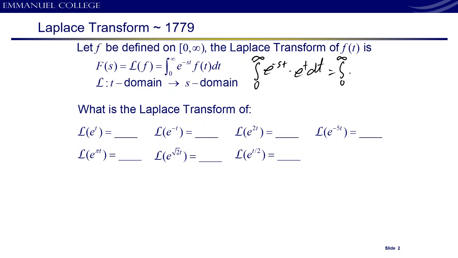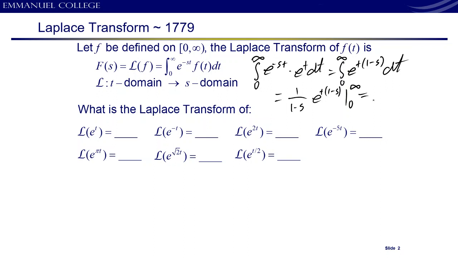I could say e to the negative st plus t, or I could just factor out the t and, instead of negative s, rewrite it as 1 minus s, dt, which would give us 1 over 1 minus s, e to the t times 1 minus s, evaluated from 0 to infinity.